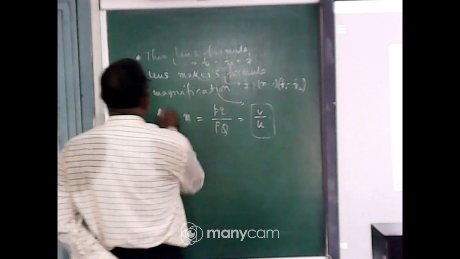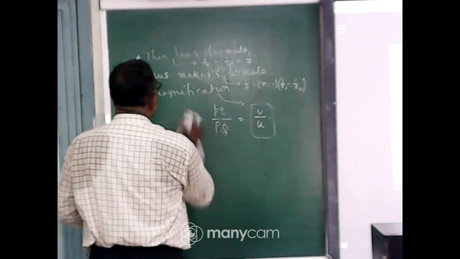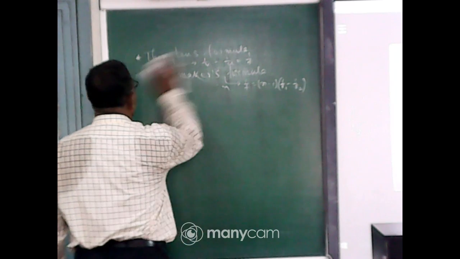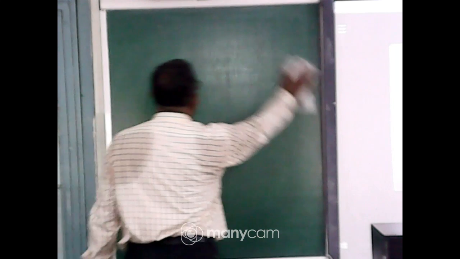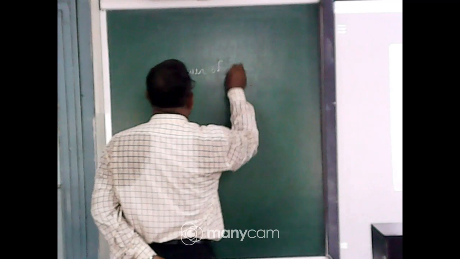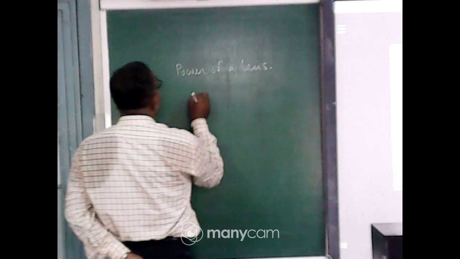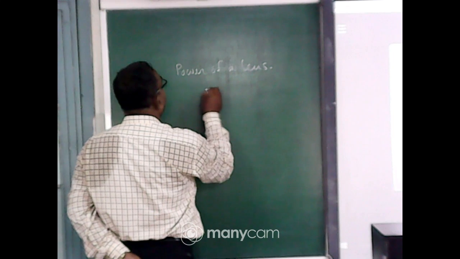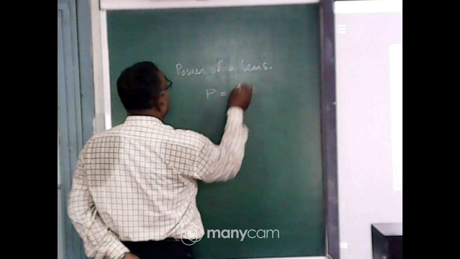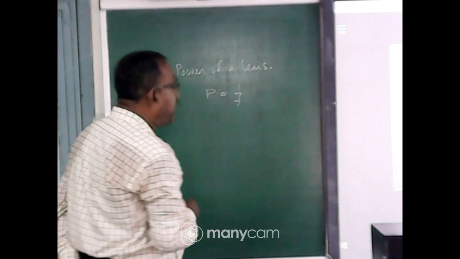Next is this magnification. The next part is the power of lens. Power of a lens, denoted by the letter P, equal to 1 by F. It is the reciprocal of focal length.